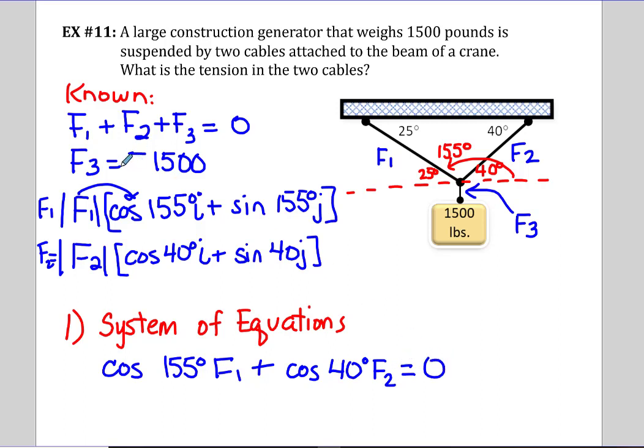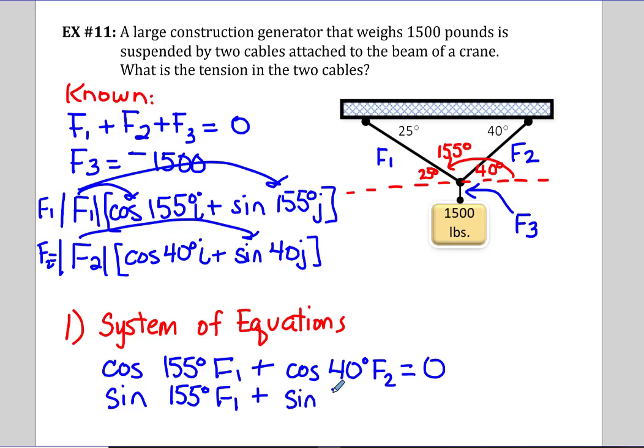And then we want to add up the sines. So the sine of 155 for F1, because I'm distributing that, and the sine of 40 with F2, and minus the 1500, that has to equal 0. So F1, F2 and F3 have to be 0.